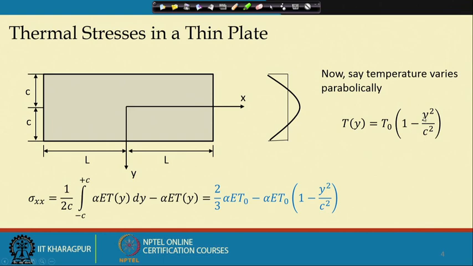So now T0 is a constant temperature, and then how it is varying along y. So if you now put this T(y) and integrate into this equation, then you get this expression.